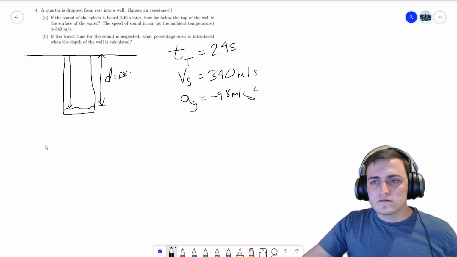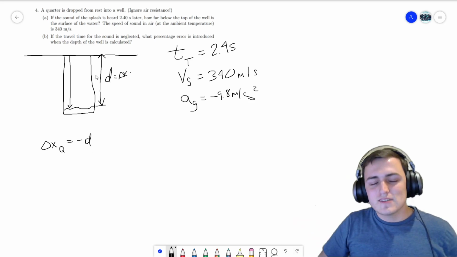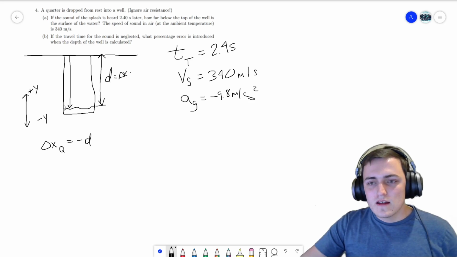So what we can say is that delta x of the quarter, delta x q, is equal to negative d. It is the negative distance because it travels down, and we're going to assign that to be negative y and positive y to be the up direction.